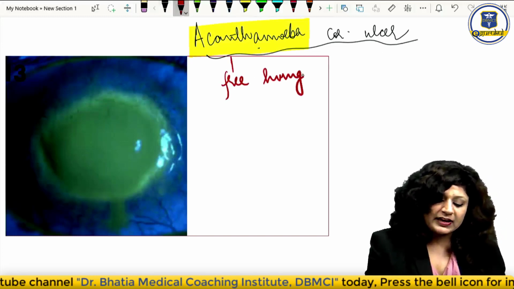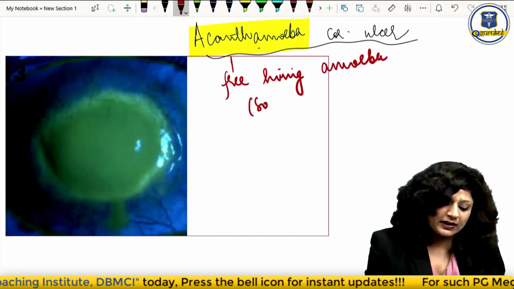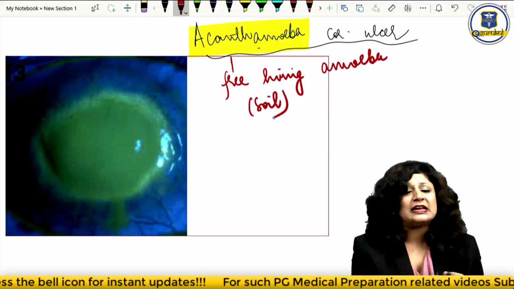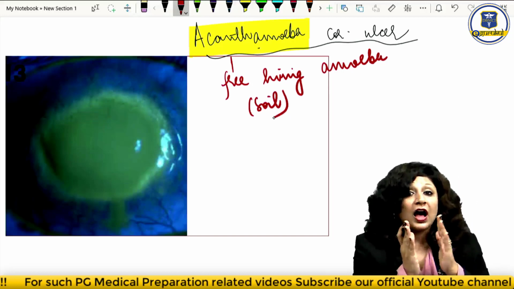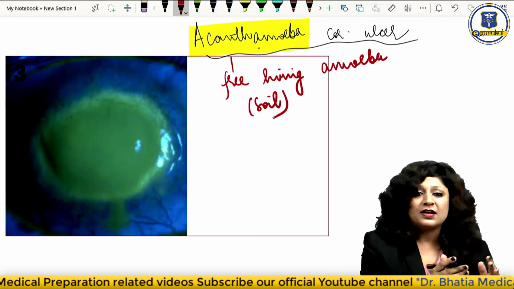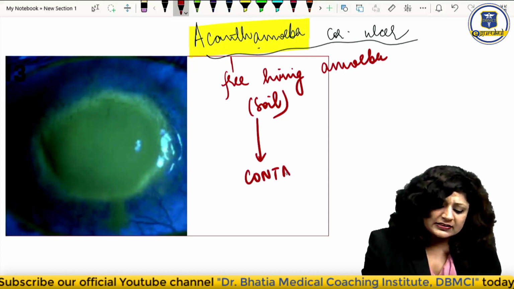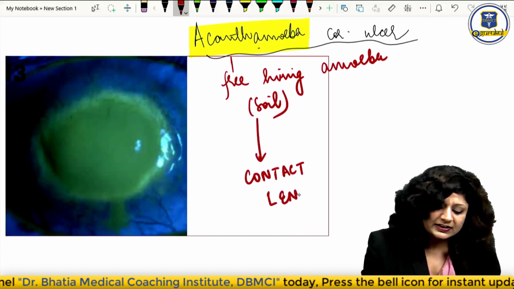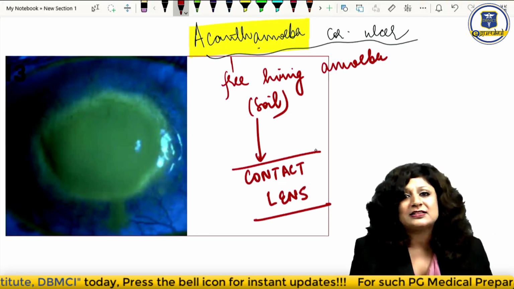It is a free living amoeba which is present in the soil. Now the next question is, when it is present in the soil, it does not require man to complete its life cycle. How is it actually entering man? A very important thing is the contact lenses. So the ulcer which is very frequently associated with contact lens use is this Acanthamoeba corneal ulcer.